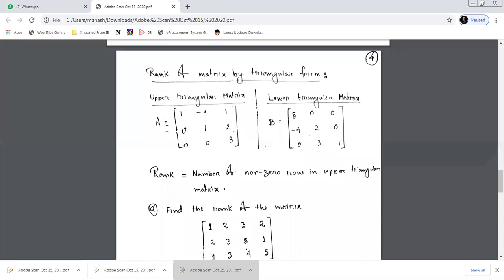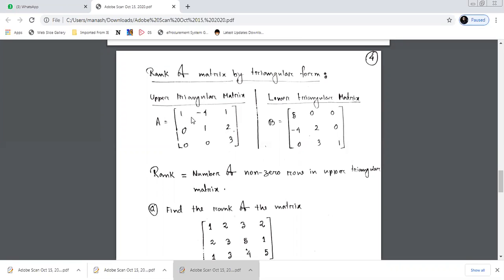So what is an upper triangular matrix? A square matrix is called an upper triangular matrix if all the elements below the diagonal are equal to 0. Now see here, this is a square matrix.